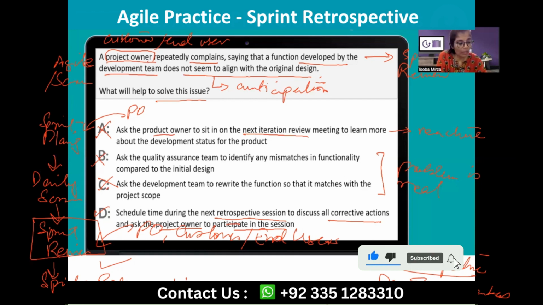You can't really ask the quality team to go back, maybe in the same session or after the session, to revisit the mismatches and functionality for that sprint. In the practical world, yes, this may be an option, but after the review session, only the retrospective happens. No other thing in that sprint.